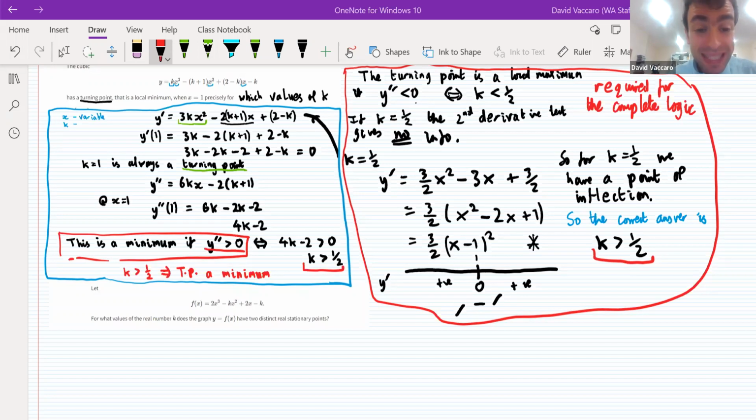The philosophical answer is that in order to answer the question, show that it has a turning point that is a local minimum for which values of k, you've answered that question when you show that there is a set of values of k for which it is a local minimum, k bigger than half, and you have also shown that for all other values, it's not a minimum.